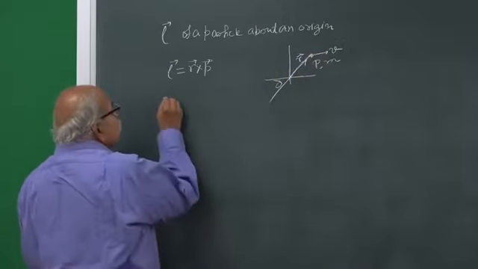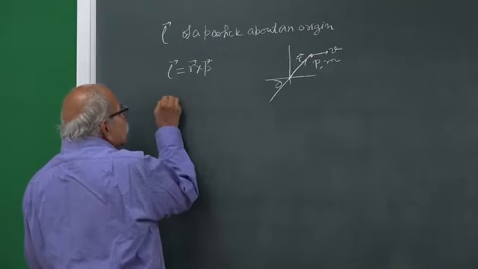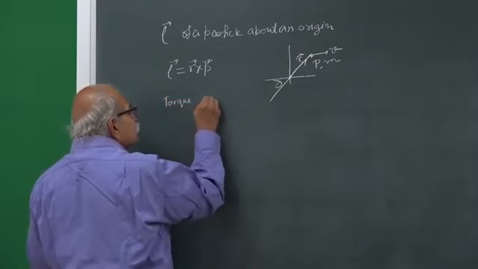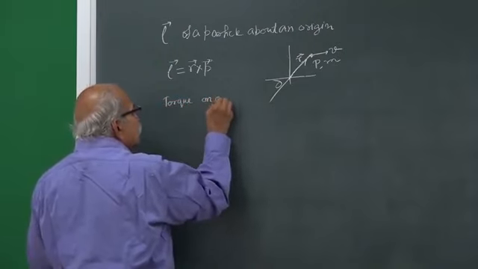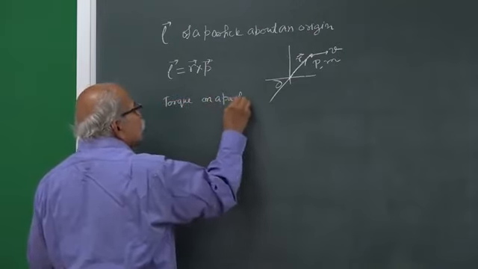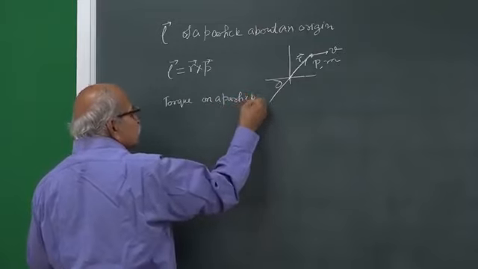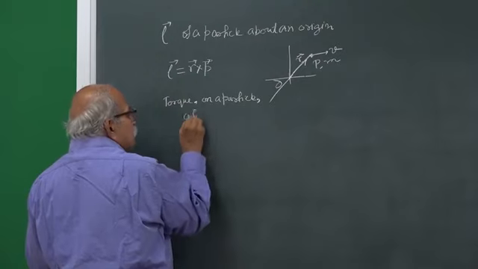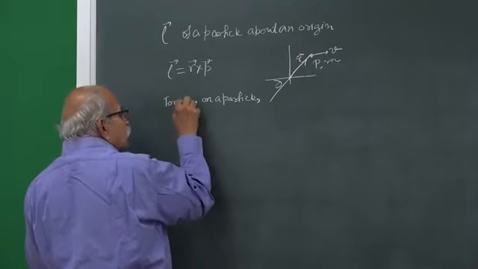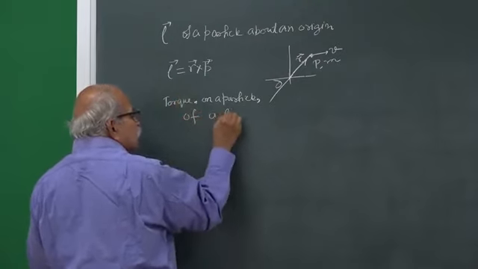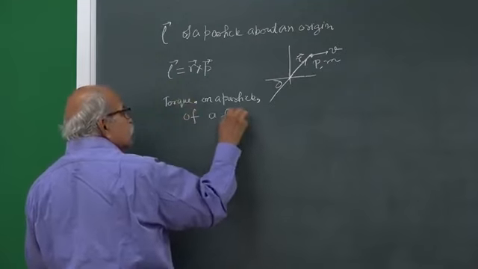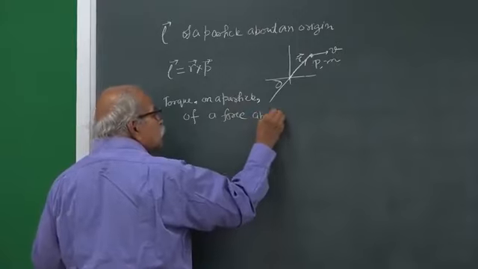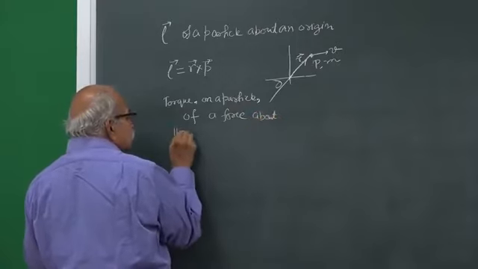And then similarly we define torque. This also on a particle. These adjectives are important. We call it the torque of a force, and the force is acting on some particle, and once again about the origin.